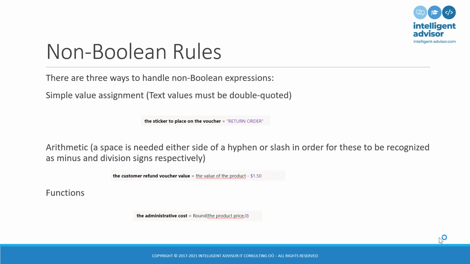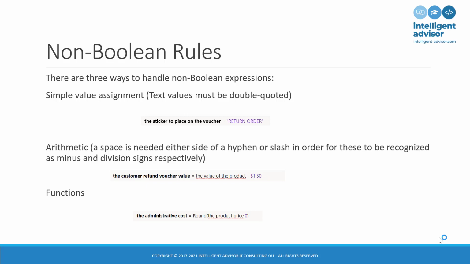First of all, you must have spaces. A space is needed either side of the hyphen, so the minus sign, or if you're using the slash for division or what have you, you need to make sure that you provide a little bit of space. Secondly, you'll also notice that the dollar sign is there. We'll talk about that in just a minute, but because that's a number, the dollar sign is acceptable.